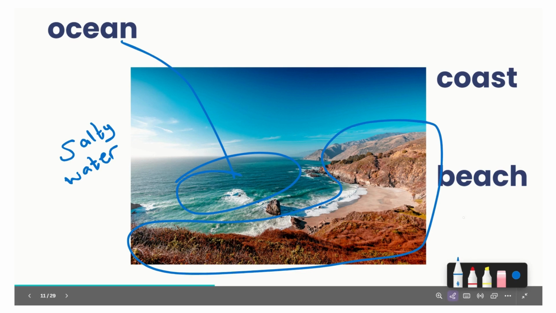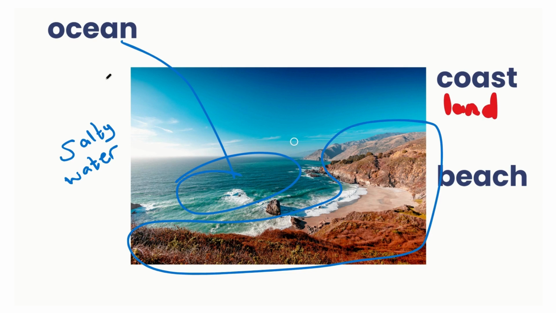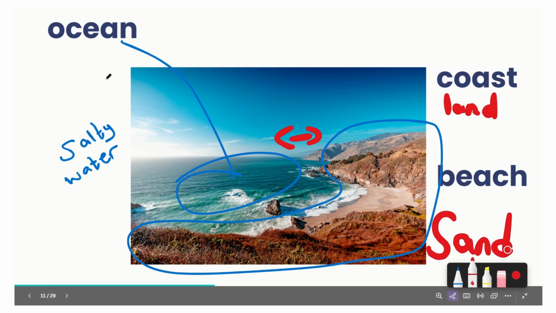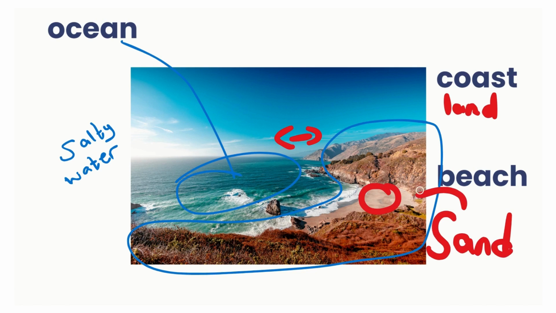So when we talk about coast, we talk about land that's next to the ocean. They are next to each other. And the beach, we are talking about the sand that's here on the coast. So the beach is the sand and the coast is the land.